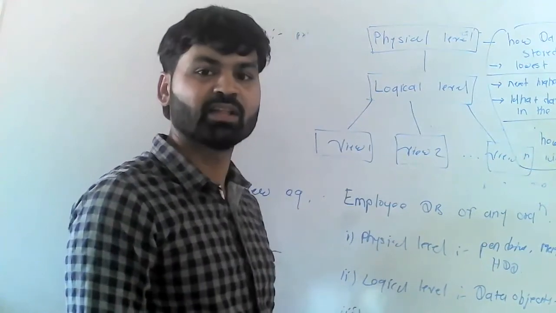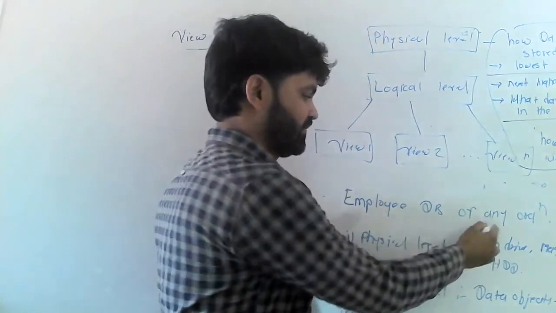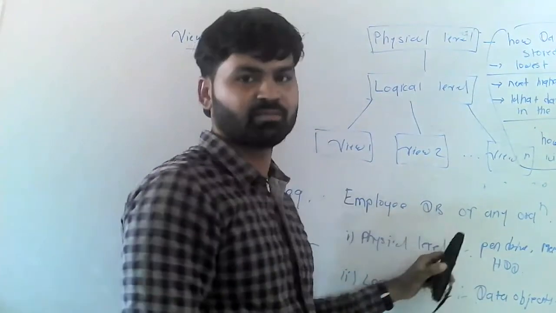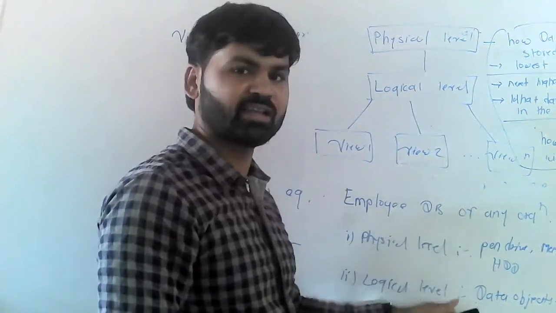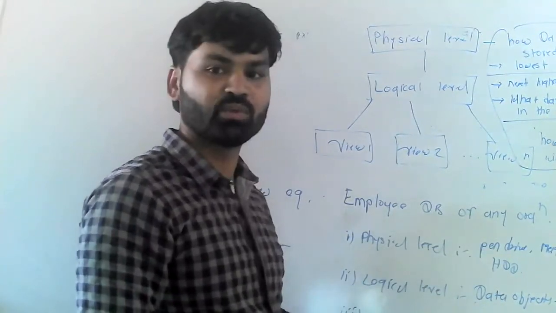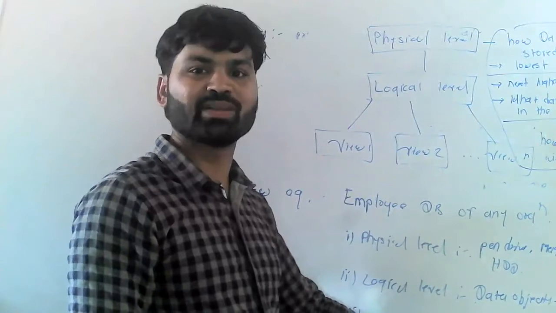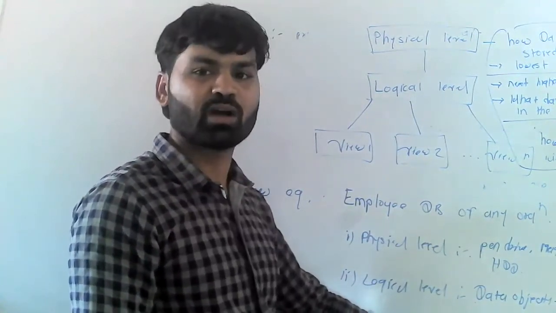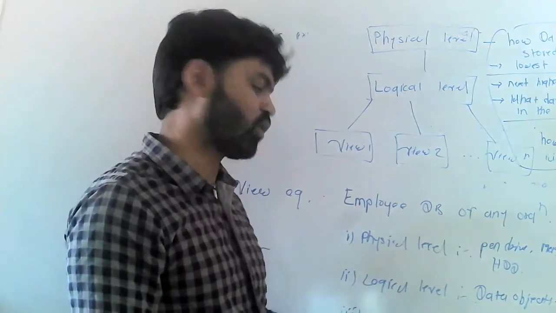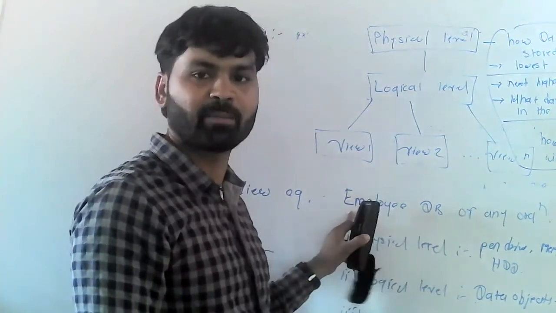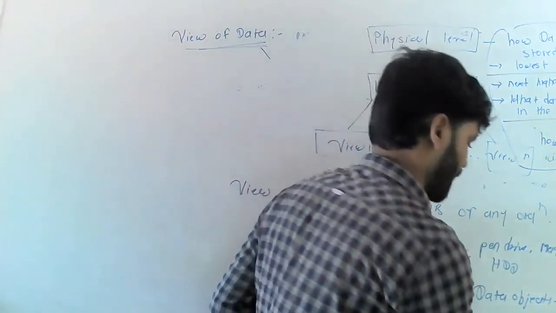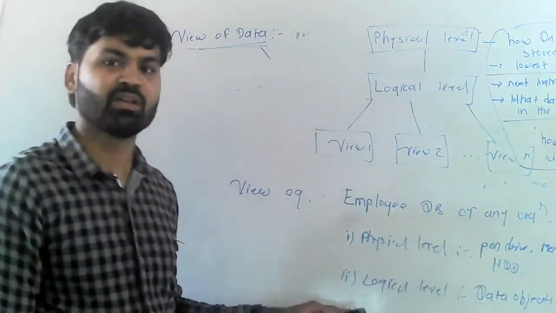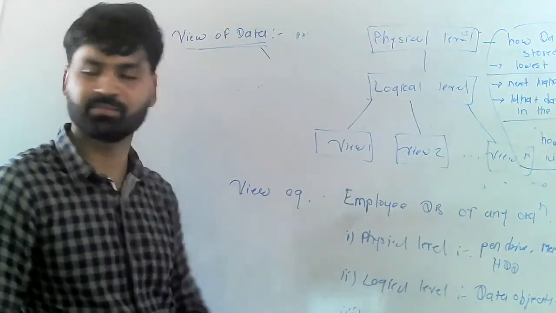The irrelevant data, that is how and what data is stored, is ignored. So GUI, the graphical user interface, is the view level of the employee database.